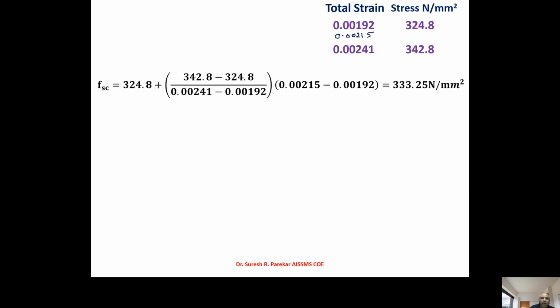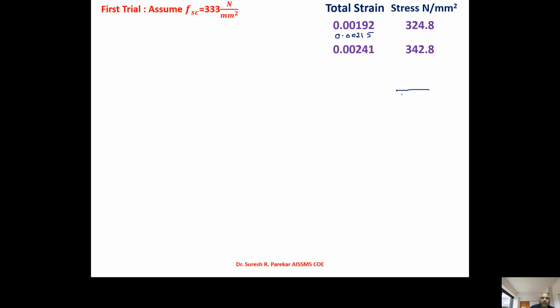Now we will have FSC by interpolation: 324.8 plus 342.8, so difference of this divided by difference of this into 0.00215 minus 0.00192, and from this we will get 333.25 Newton per mm square, and we will assume it as 333 Newton per mm square.